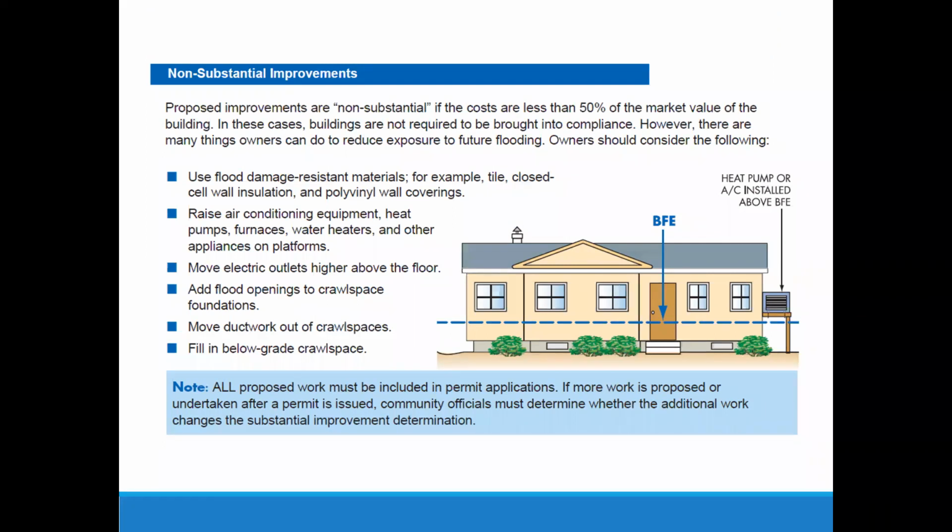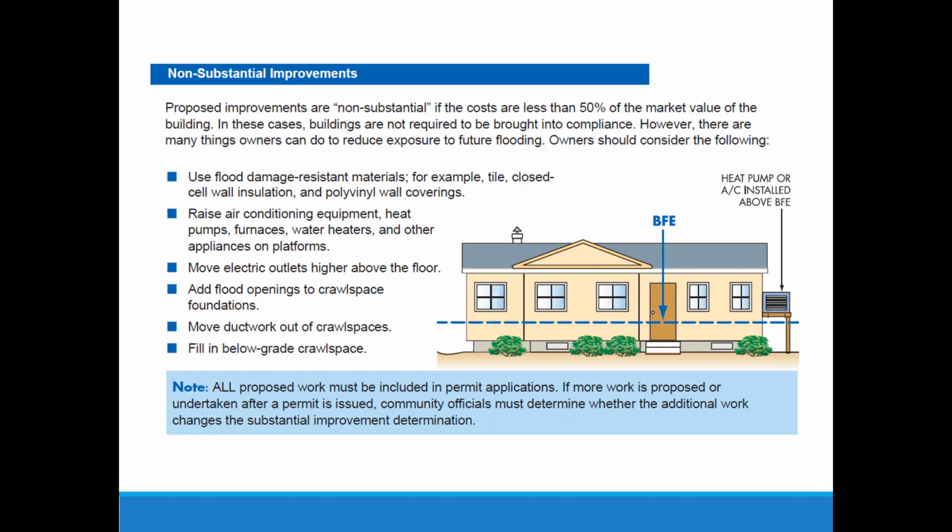But if it's not, we should still be encouraging people to try to make sure that their improvements are, you know, flood damage resistant. So encourage them to raise their utilities a little bit higher, using flood damage resistant materials for any like rehabilitation or whatever type of work that they're doing.